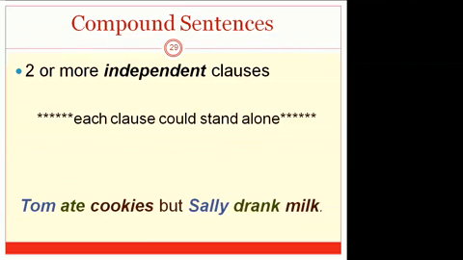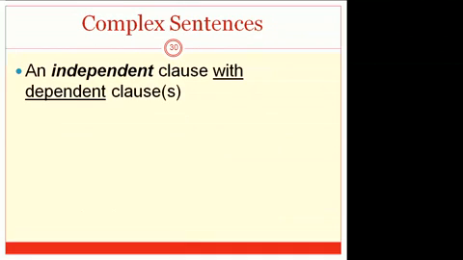The key idea with compound sentences is that we have two or more independent clauses. Each of those clauses could stand alone, but they are not standing alone. They're linked with a coordinating conjunction. Contrast this idea with complex sentences.